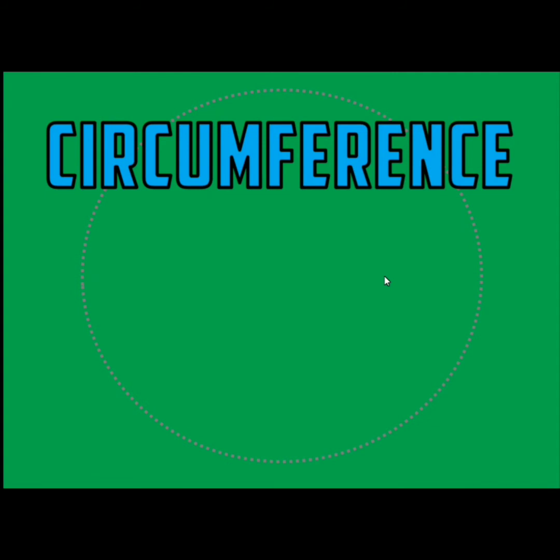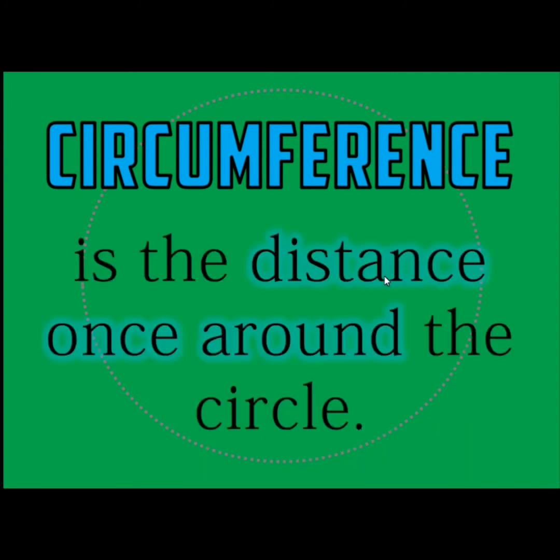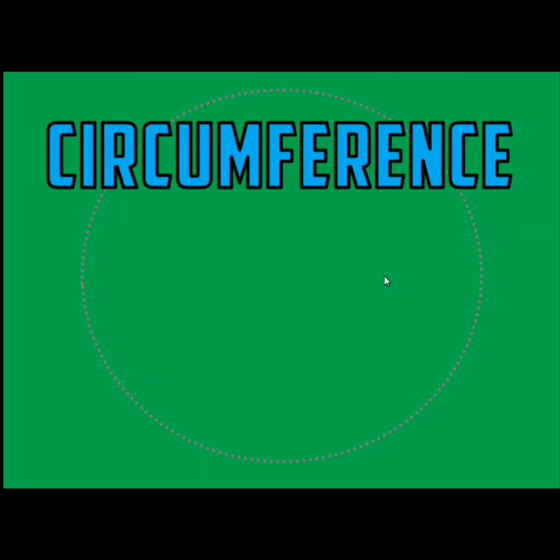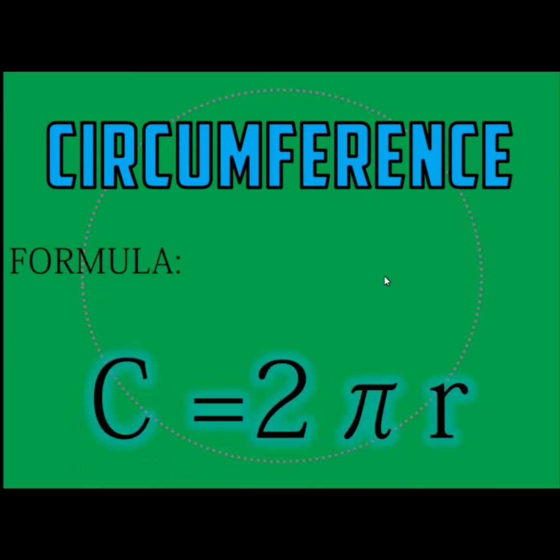Next is circumference, which is the distance once around the circle. This is the circumference. Its formula is C is equal to 2 pi r, where r is the length of the radius and pi is 3.1416.